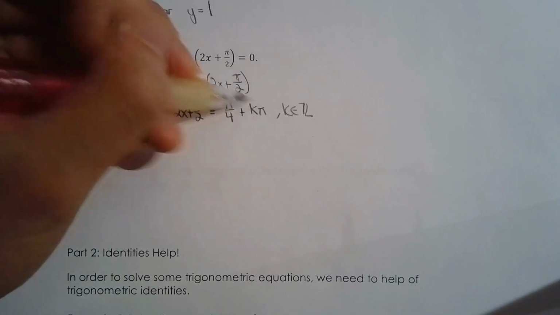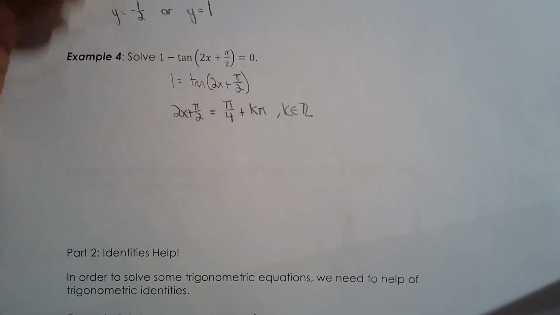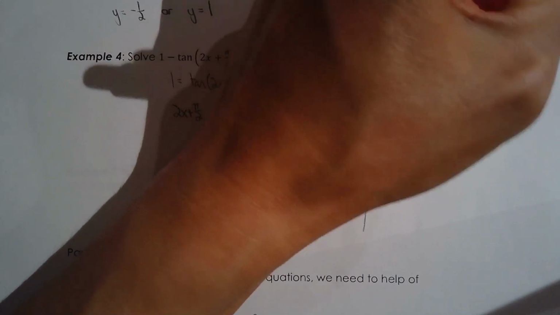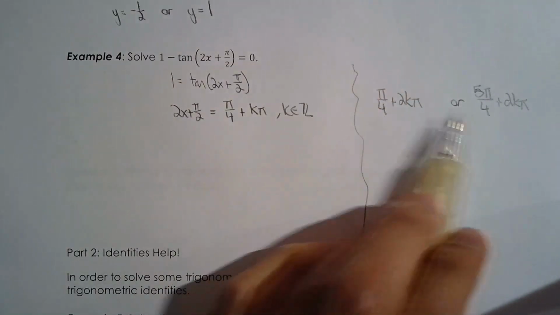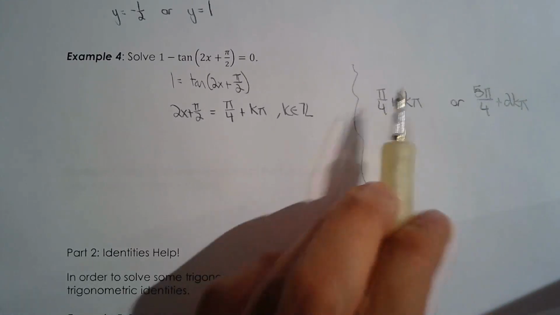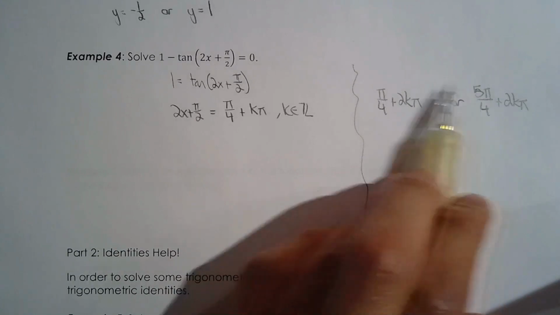Now, if you didn't think of adding k pi, you might have thought of this. I'll just write on the side. You might have thought of pi over 4 and any angle coterminal to it, or 5 pi over 4 and any angle coterminal to it. But if you look at pi over 4 and 5 pi over 4, you can reach 5 pi over 4 from pi over 4 by quite simply adding pi, right?